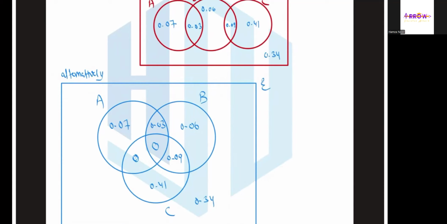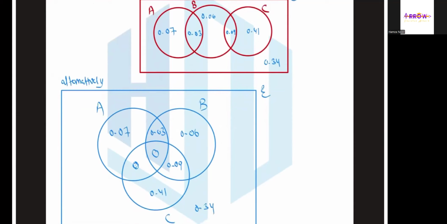This makes sense, because overall there is no overlap between A and C, so there should be no overlap between A, B, and C as well. So if you make your Venn diagram in this way, this is the first and most important thing which you need to mention. And then you find the remaining values as they are.